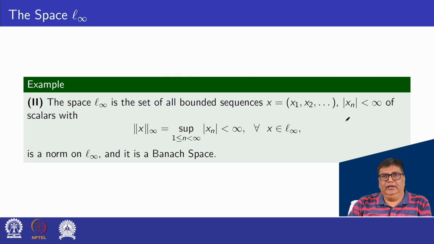Here in the finite dimensional case, all bounded sequences of scalars, since here in finite dimension, mod xn is less than infinity, that is, mod xn is a bounded sequence, or the supremum of mod xn is less than infinity.